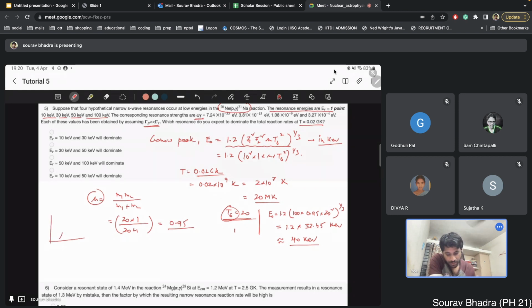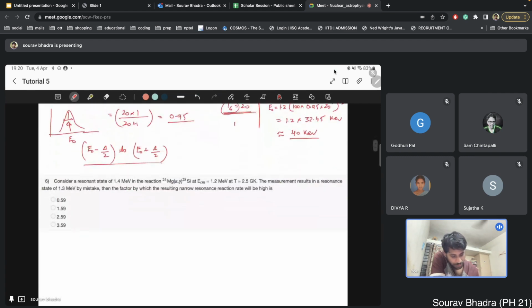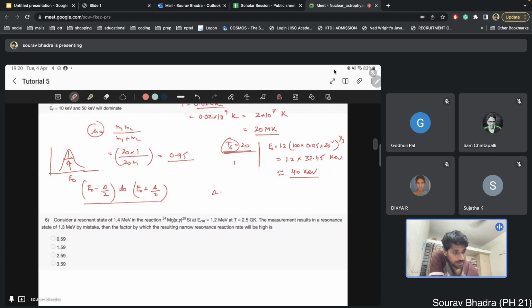Now you know this gamma peak, if it is E0, and if the width is delta, the reaction will mainly happen if the energy of the particle is from E0 minus delta by 2 to E0 plus delta by 2, right. This is the energy window for which the reaction will happen. Now E0 we have calculated, so we need delta. So delta is 0.749 times the expression.